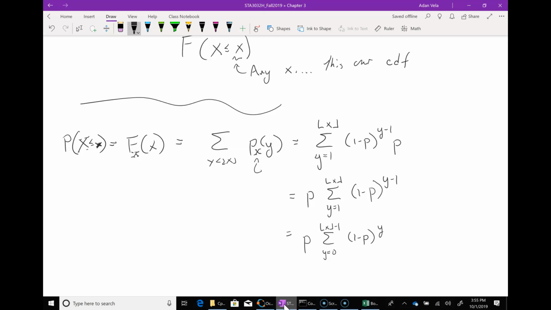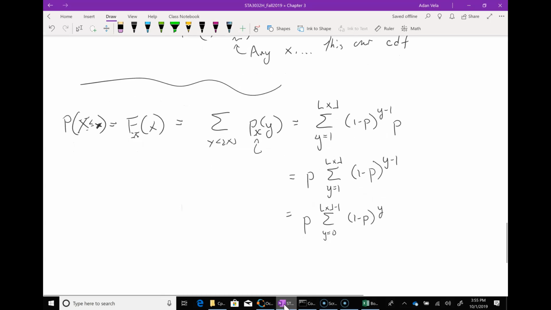Or another way you can think about it is we're letting z equal y minus 1. Right? And then we're saying z equals 0 to whatever that is. That's fine. Okay. So what you'll find in probability is that all these things, you guys have taken Calc 2? Yeah, so you remember your series and sequences?